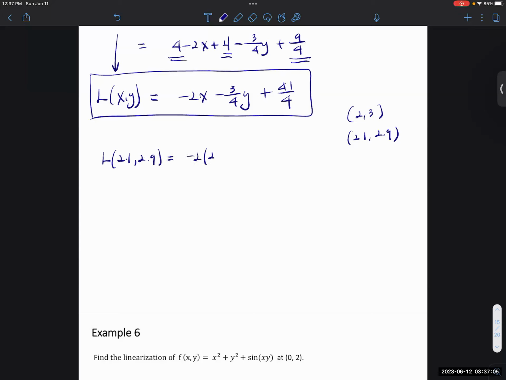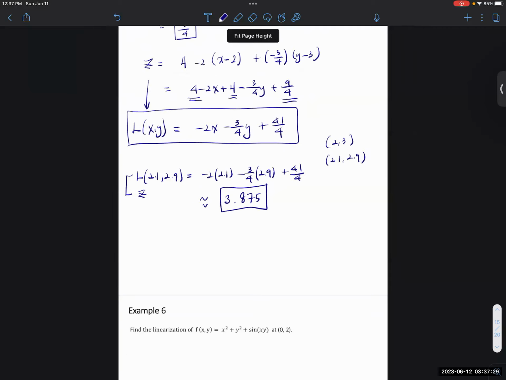We have decimals, you can plug in and simply calculate it. They are going to give you 3.875. So this is the linear approximation, this is the tangent plane's outcome.